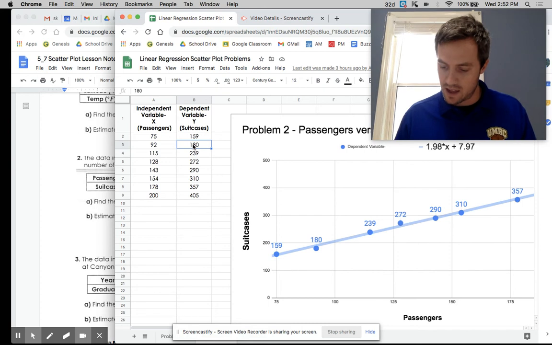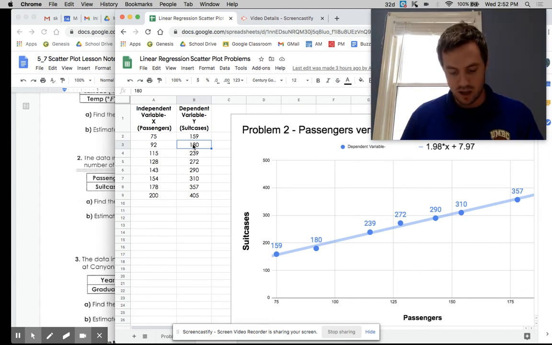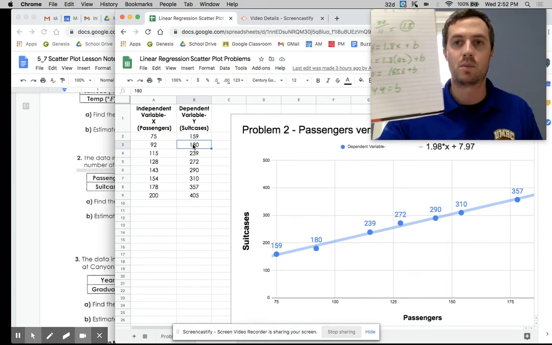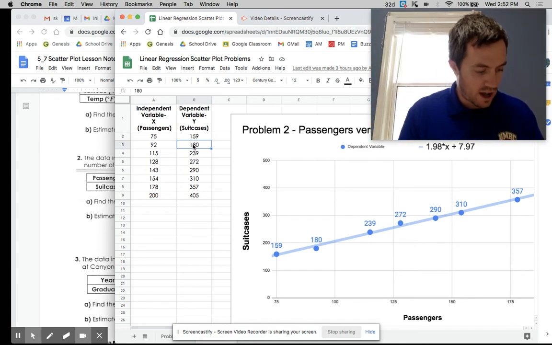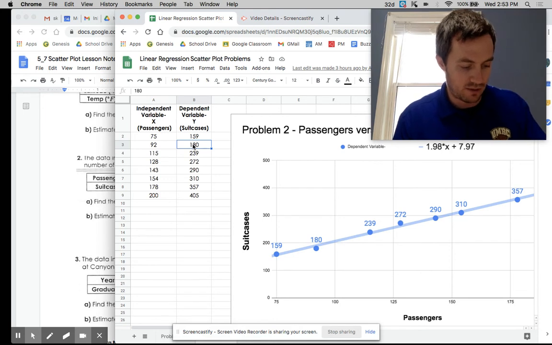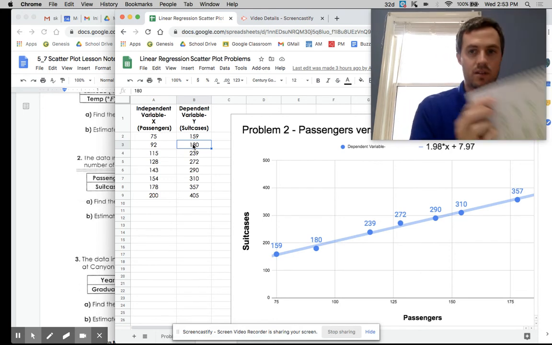So when we do that, 180 minus 165.6, we get 14.4 equals B. So ultimately the equation is y equals 1.8x plus 14.4.